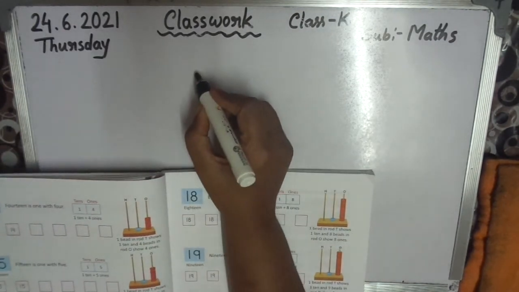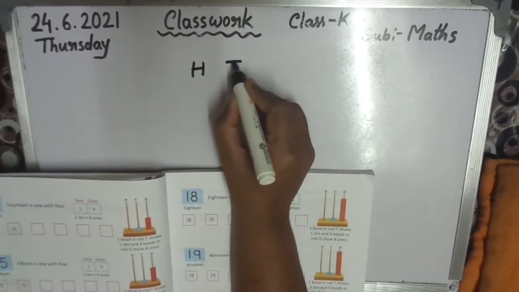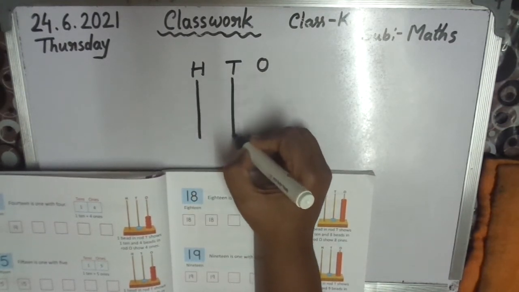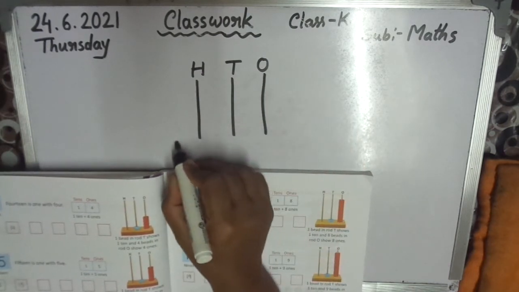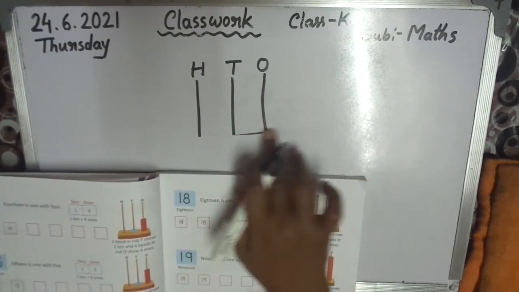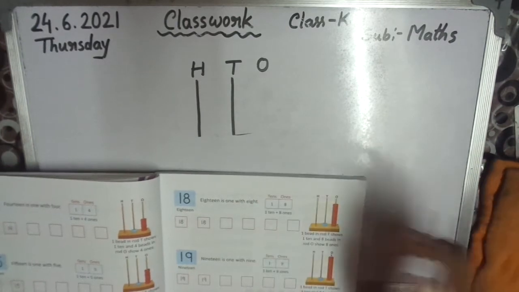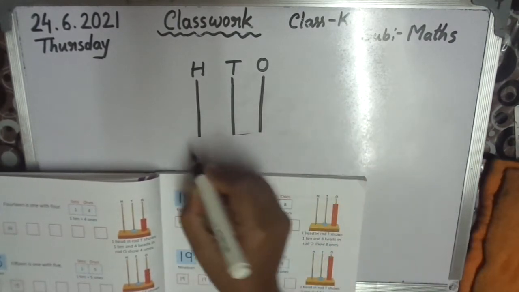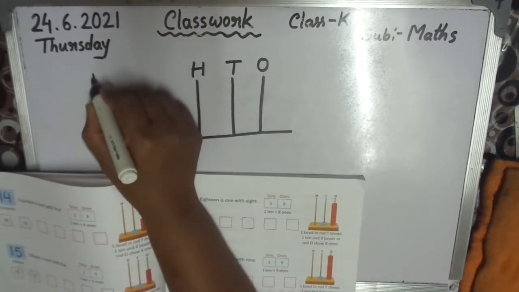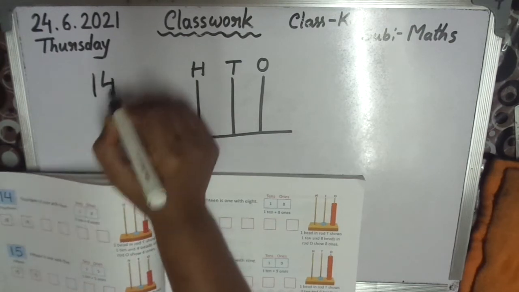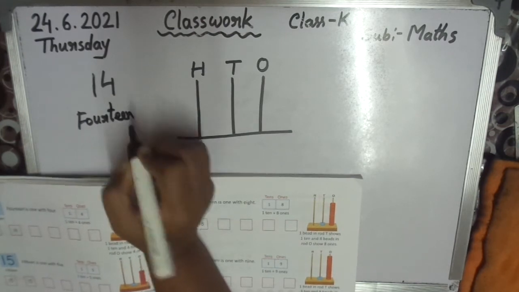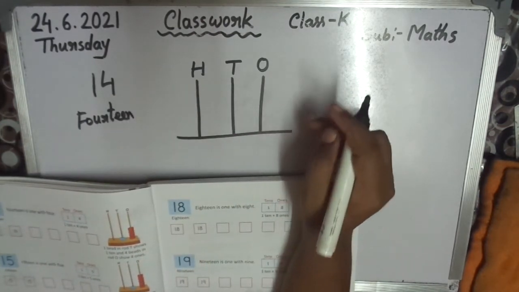14. Hundreds, tens, ones. I draw the rods first. 14 is 1 with 4.